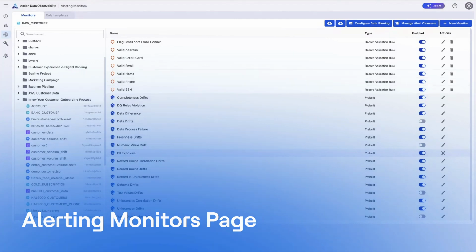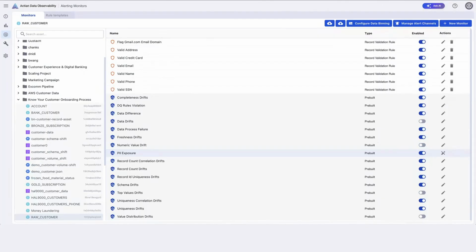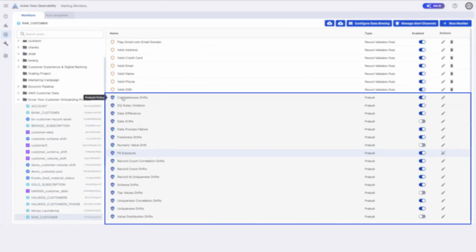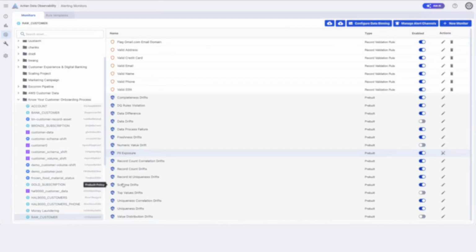Once engineers understand where issues originate and how widespread they are, the next step is preventing those issues from recurring. Actian continuously monitors for the most common and most disruptive data failures with 16 out-of-the-box machine learning-driven monitors. Here you can see those outlined at the bottom with the blue shield icon.